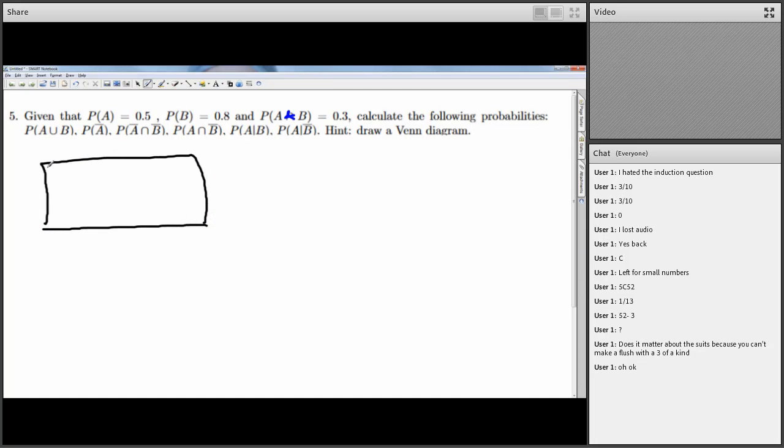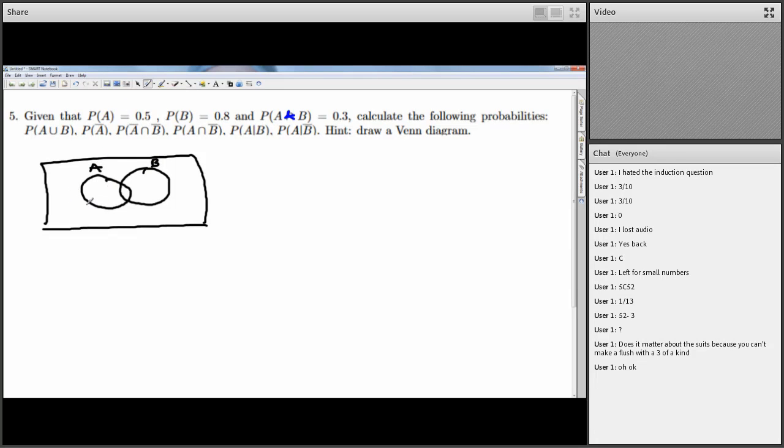So I draw a rectangle. There's a total probability of landing in the rectangle of 1, so that's sort of the universal set, a guaranteed outcome. I've got two circles, A and B, and I know some probabilities here.